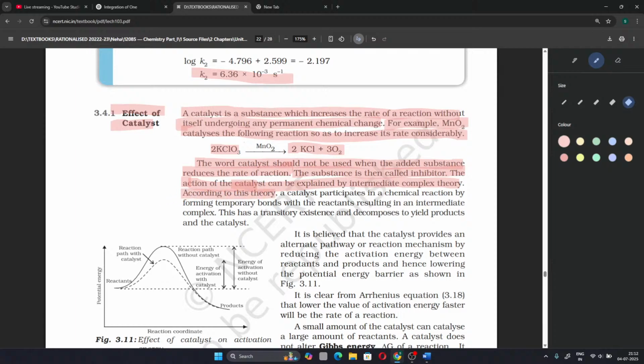According to this theory, a catalyst participates in a chemical reaction by forming temporary bonds with the reactants, resulting in an intermediate complex. Basically, they are saying how this catalyst participates in the reaction.